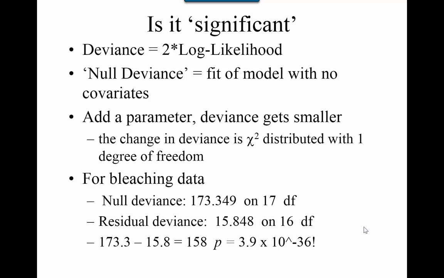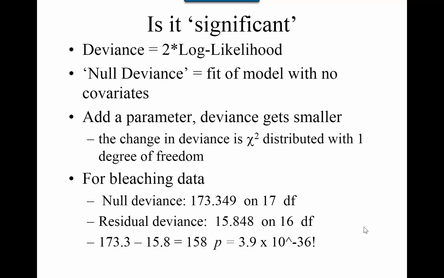As you add a parameter to the model, a covariate, the deviance is going to get smaller. This is exactly analogous to how the R-squared in a regular linear model shrinks when you add a covariate.